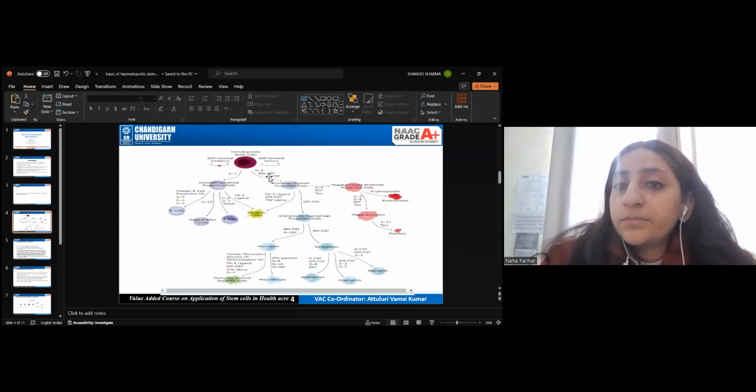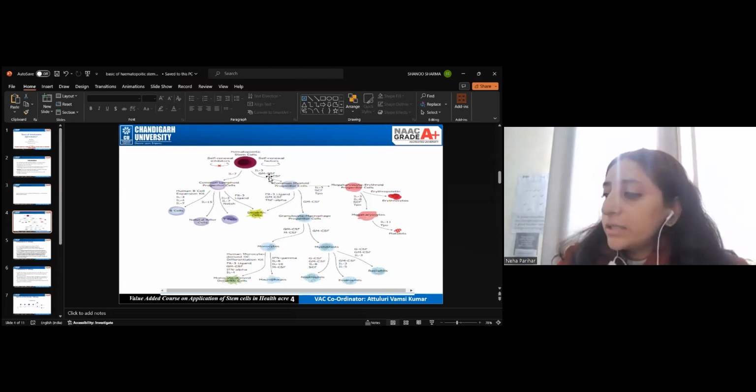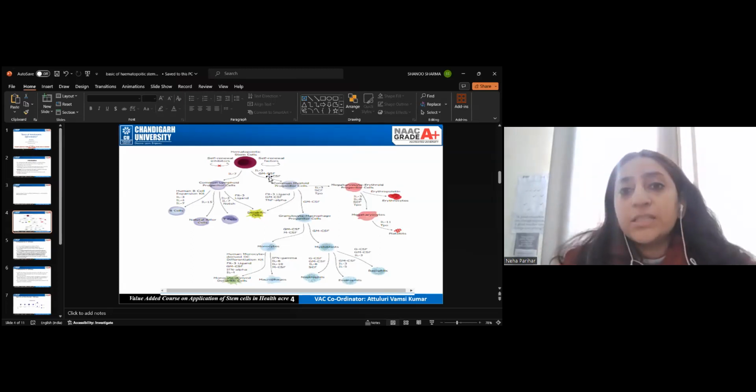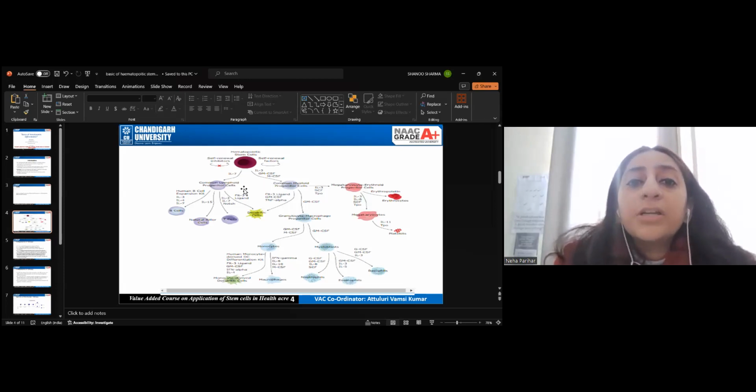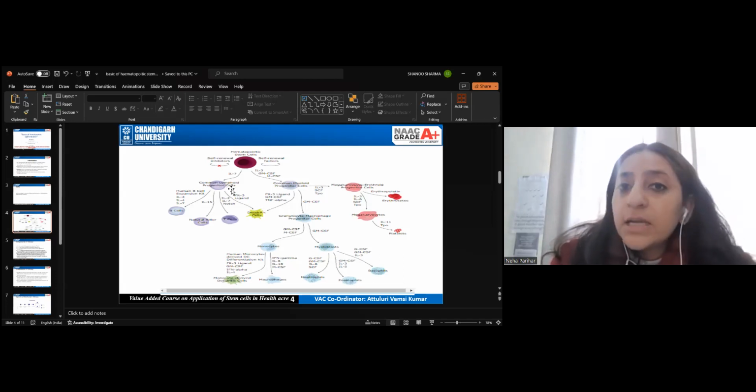Are you aware about the cytokines and interleukins? No, ma'am. So cytokines are the proteins which help in the formation or the proliferation of the immune cells or the different types of cells.